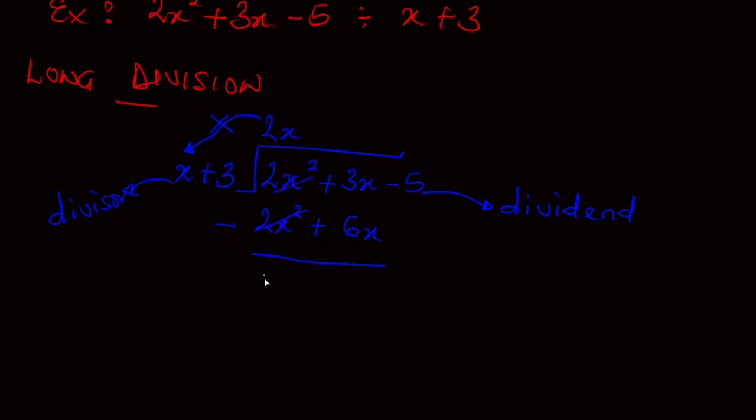That gives us 0. So we can just cancel that, or you write 0 here. And we have 3x minus 6x, which will give us minus 3x, and we have minus 5 minus 0, and that will still give us minus 5.